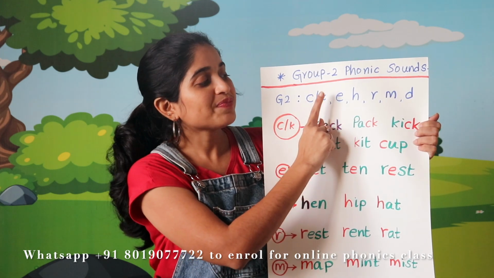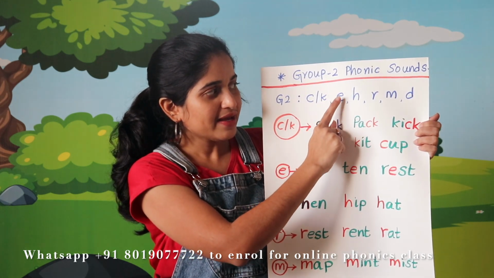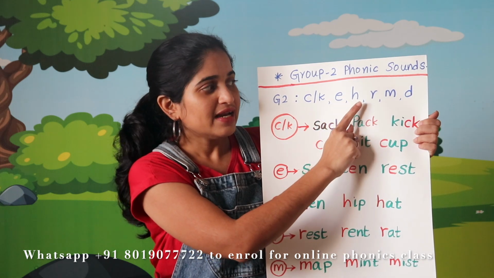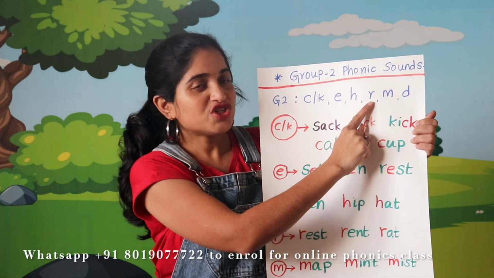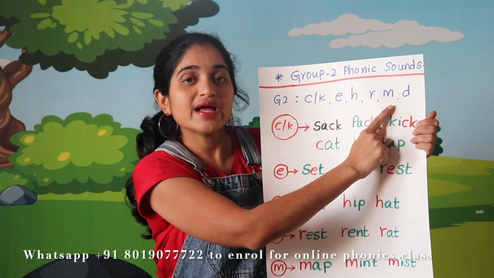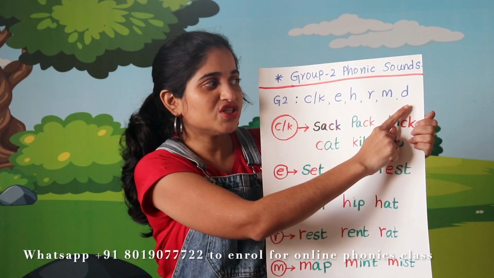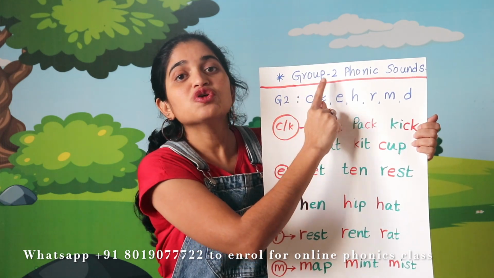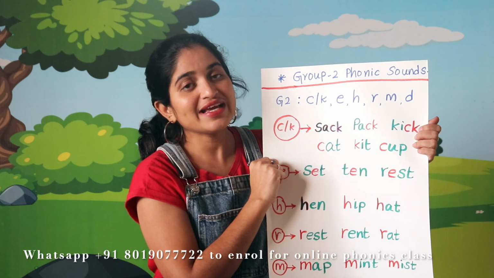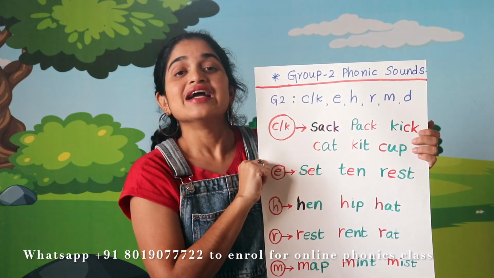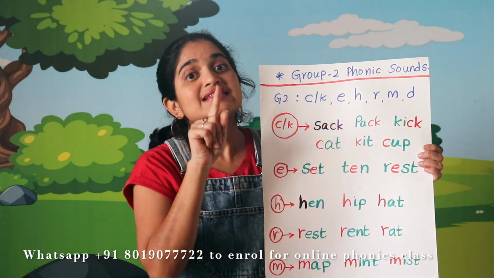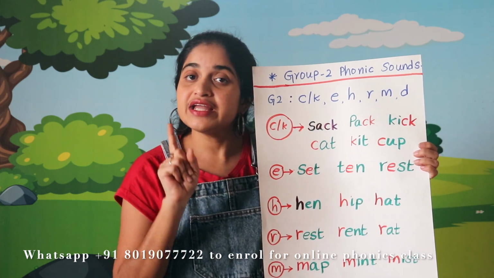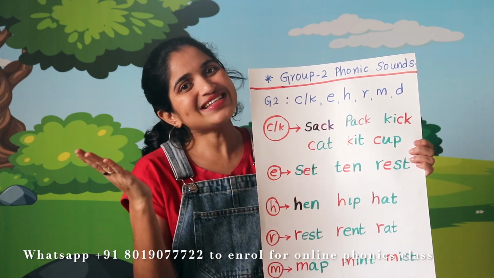Letter C, letter K, letter E, letter H, letter R, letter M and letter D belong to group 2 phonic sounds in Jolly Phonics. In Jolly Phonics, we have 7 groups and each group has 7 sounds.